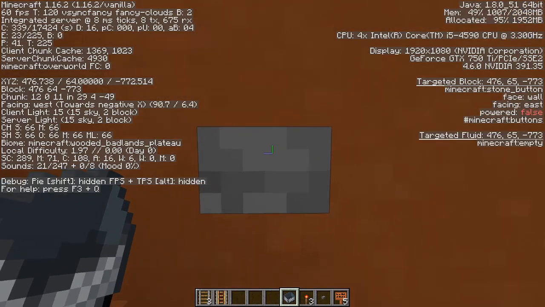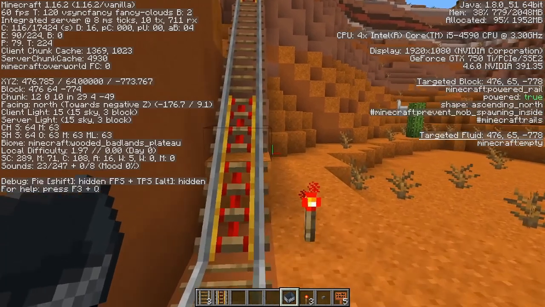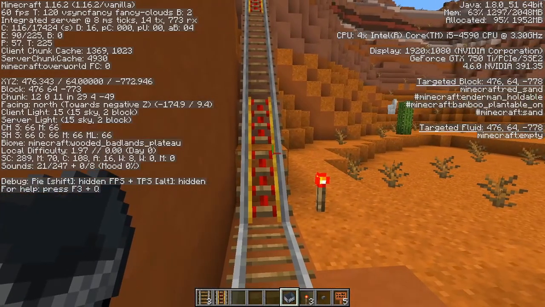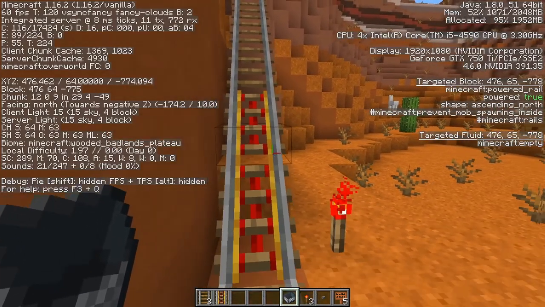If we look this way, or if we move back and forth, you can see that the Z coordinate is changing in value.